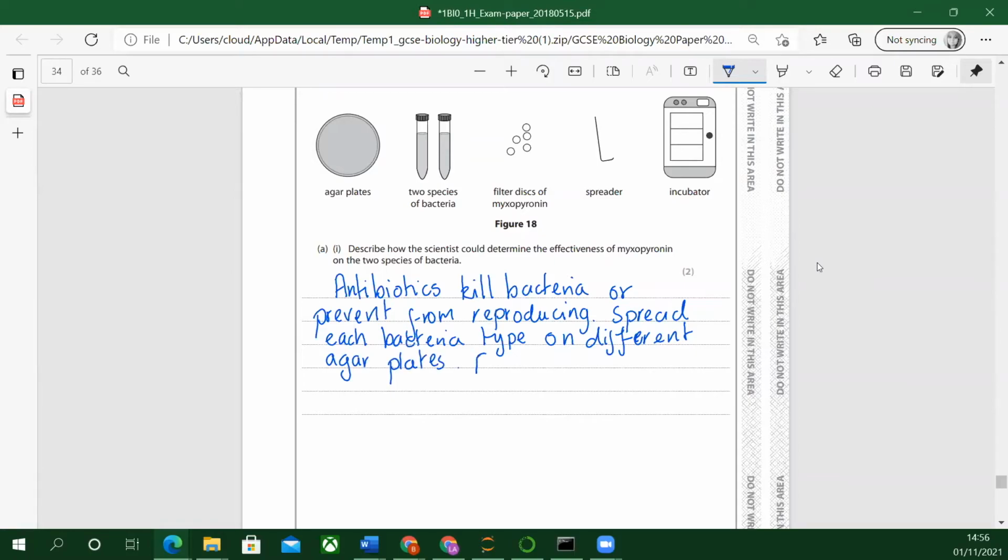Okay, add the mixopyronin discs to each.